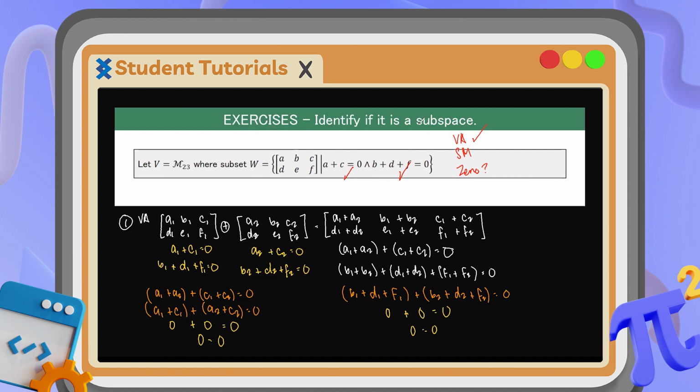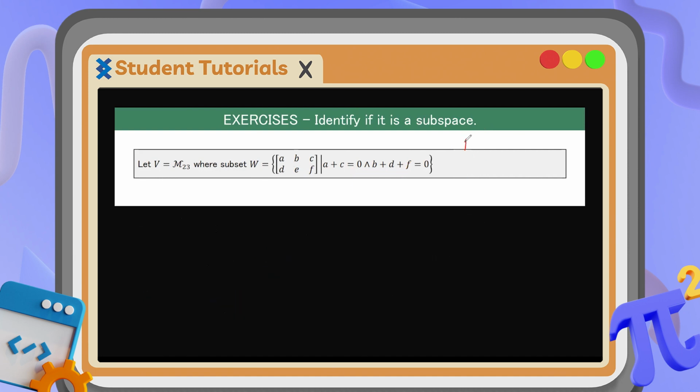So let's now then consider scalar multiplication. So this time, we multiply a scalar k to the matrix A, B, C, D, E, F, giving us Ka, Kb, Kc, Kd, Ke, and Kf.